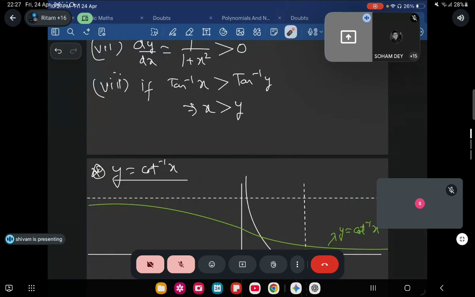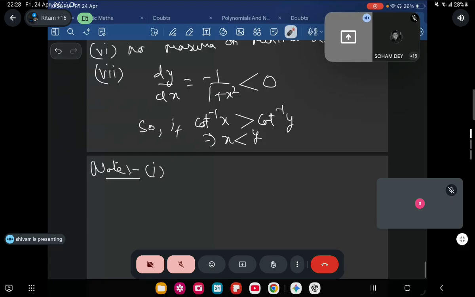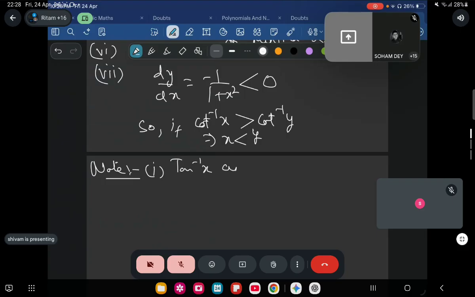Generally, when a function is monotonic, the range is always real numbers. But tan inverse x and cot inverse x are monotonic, but still their range is not R. Are you getting it?